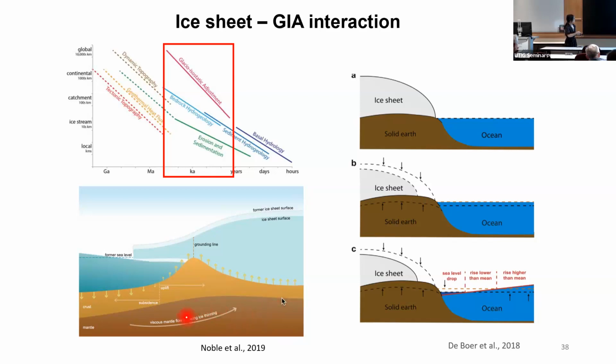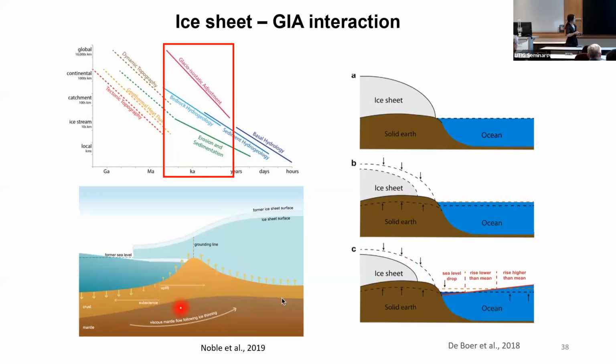So all of those can affect the boundary of the ice sheet modeling. This is from underneath the ice sheet, and also the ice melting water goes to the ocean, and then the sea level will also change around the ice sheet.